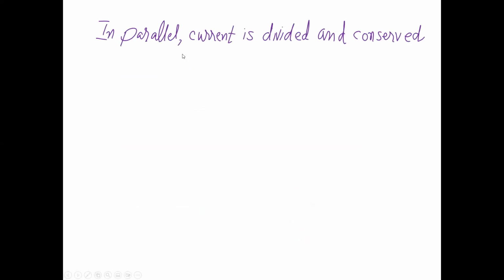In parallel, current is divided and conserved. This is called the junction rule, which we have just discussed. So now you have to copy this.